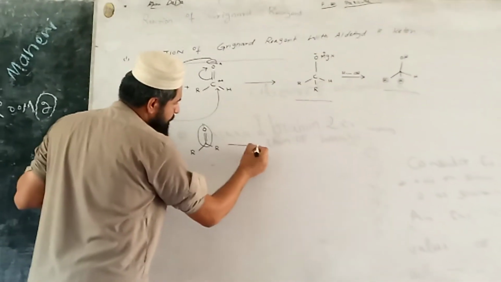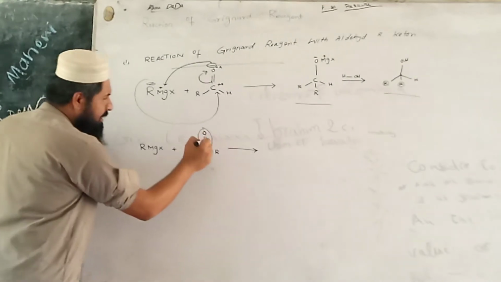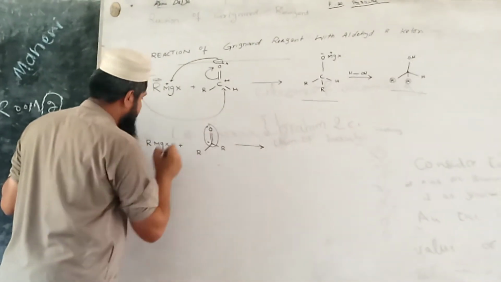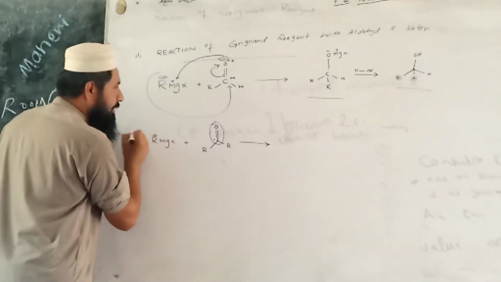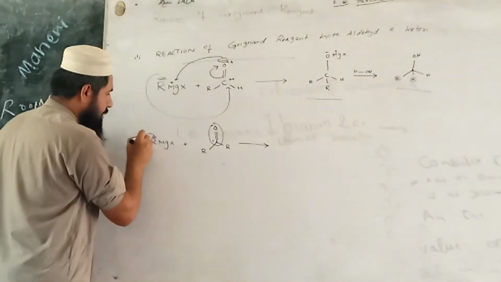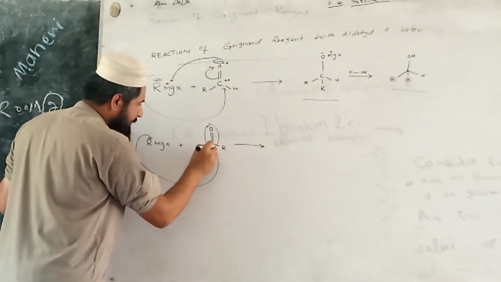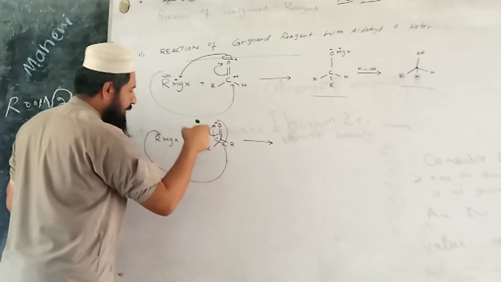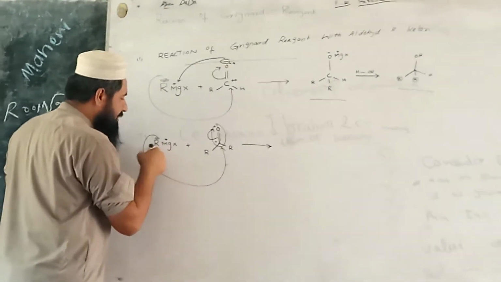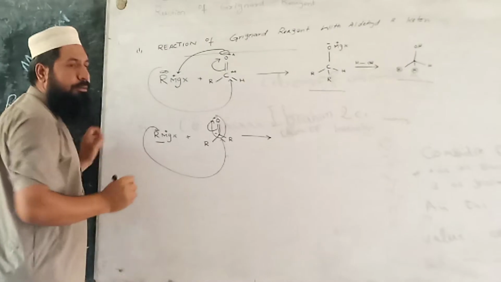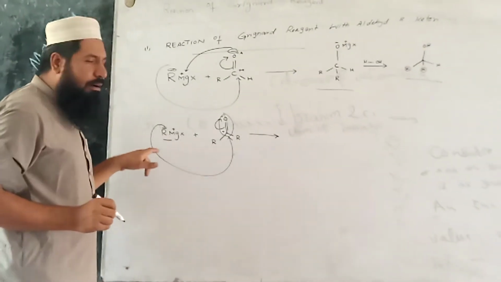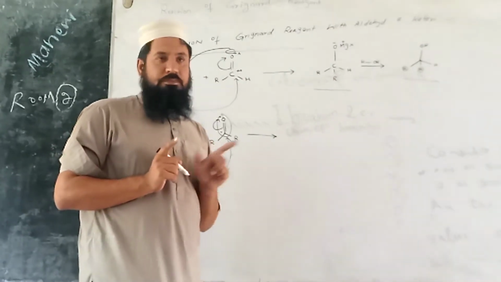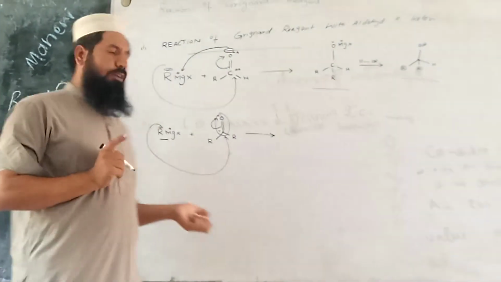So what will happen? Look at this carbon becomes partial positive, this becomes partial negative, and when this R attacks here, this bond shifts towards here. You know this RMg bond is a polar bond, and due to this polarity, this Grignard reagent is synthetically very important.